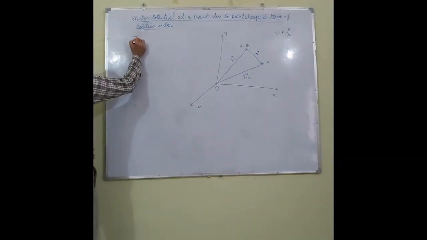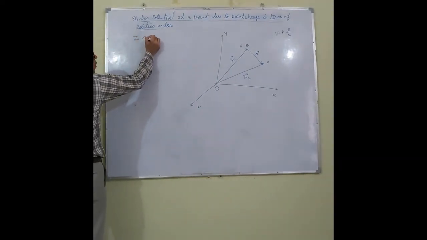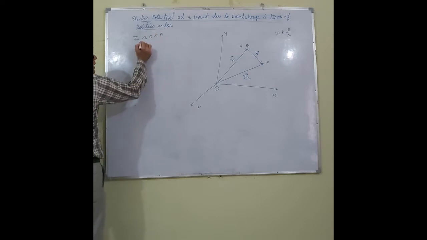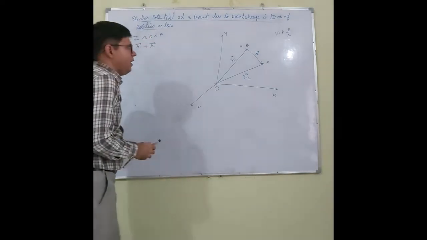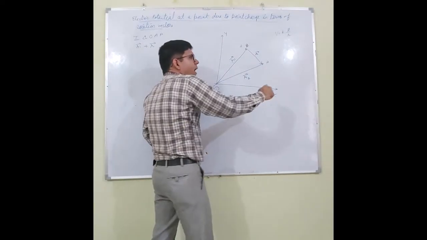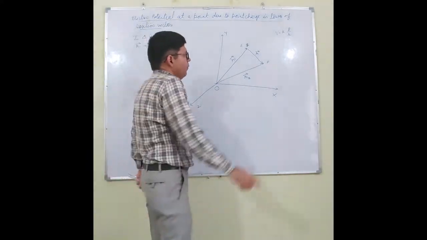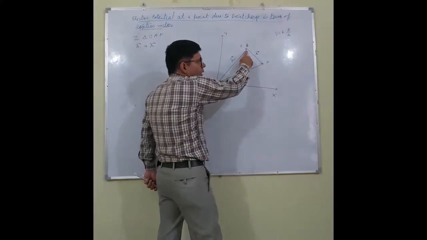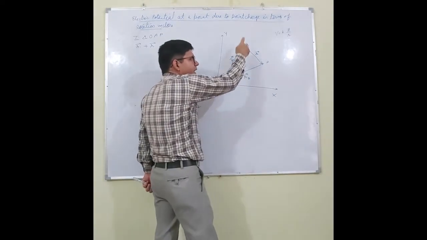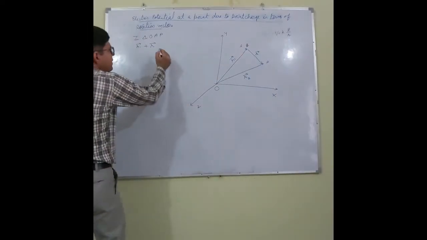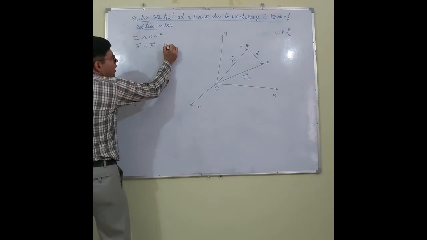In triangle OAP, R1 plus R. What are R1 and R? Are they in the same order? Yes, they are in the same order because on this arrow the tail is following the head. So we say they are in the same order. It equals R2.